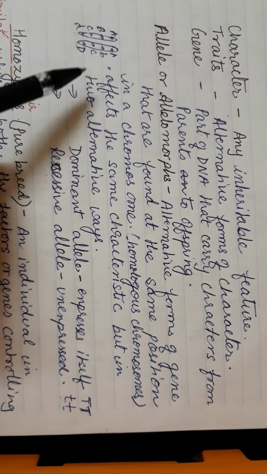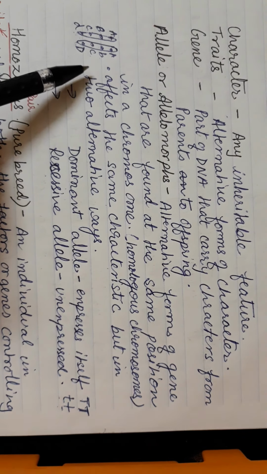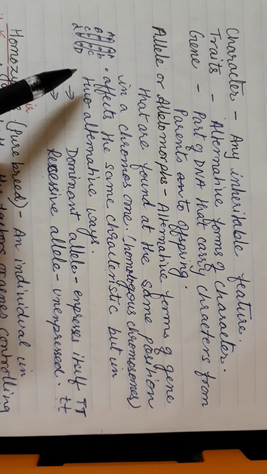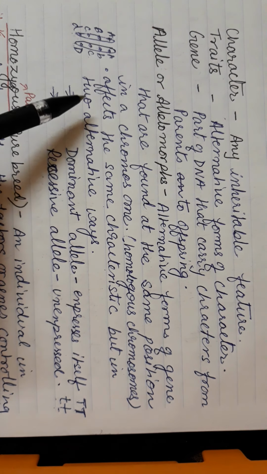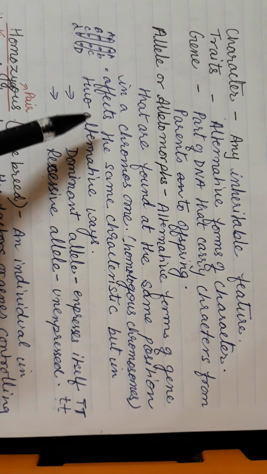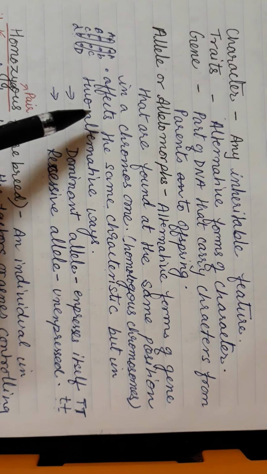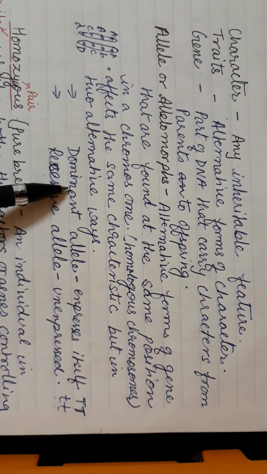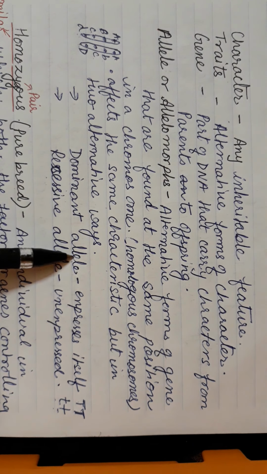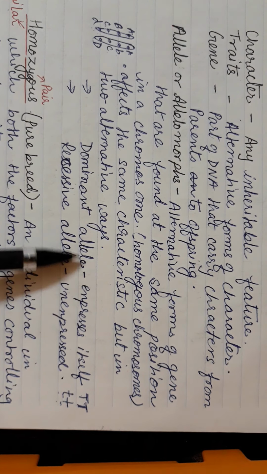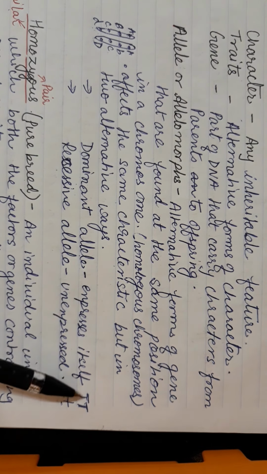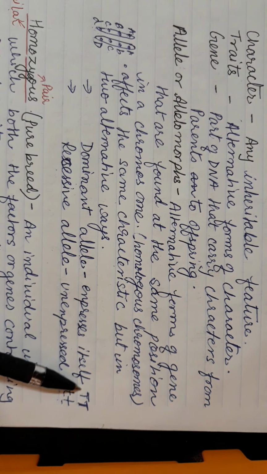Because there are some characters which can be expressed morphologically, that is, externally those characters are visible. The characters which are visible in an organism are because of the dominant alleles. Dominant alleles express themselves, and they are generally represented by capital letters.